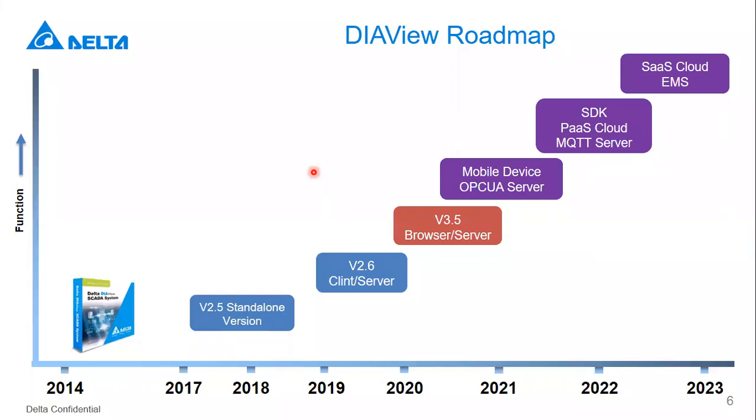For DIAView, this is our product roadmap. We started from 2014 with the first generation. Then we launched the standalone version about 2 or 3 years ago. And last year we upgraded to version 2.6, which is a client and server version. We support up to 10 clients.